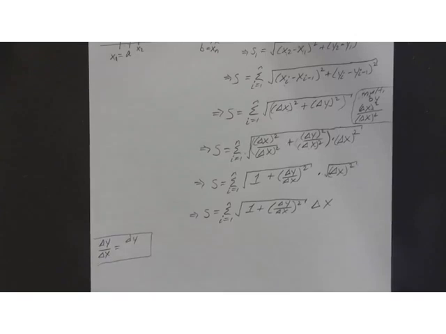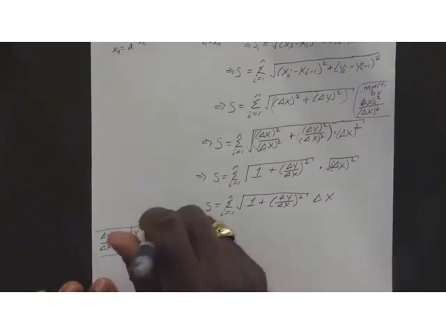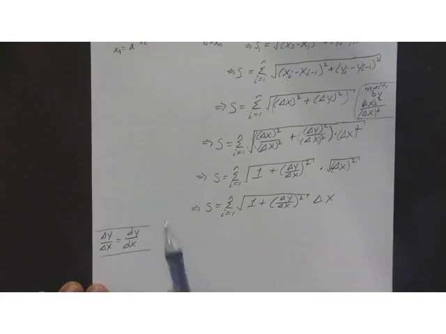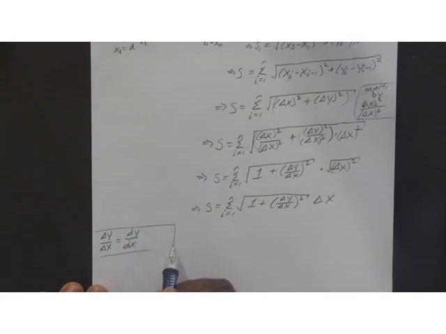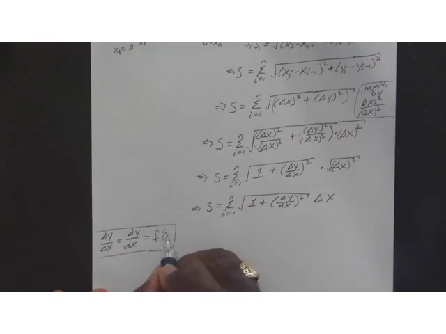So if you remember from Calc 1, delta y, or your change in y, is just dy. And your delta x is just your dx. And since y is equal to f of x, we know the derivative of y is just the derivative of f of x, which is just f prime of x.